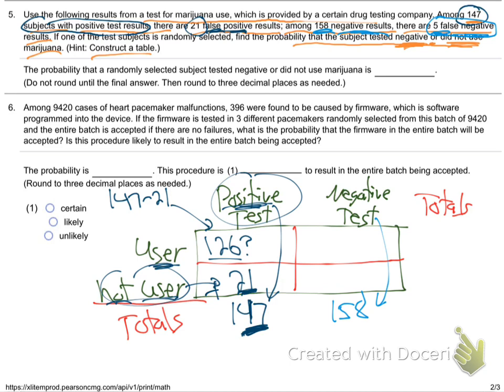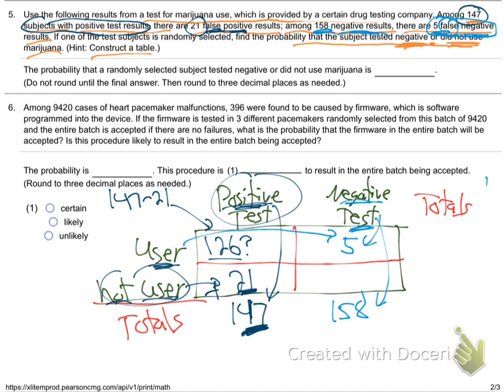Negative means the test is saying you're not a user, right? That's what a negative test result means. You tested negative, no drug use. But it's false, which means you really are a user. So that goes here, doesn't it? They really are users, even though the test result became negative. They fooled the test somehow, right? They got a negative test result, but they're really a user.